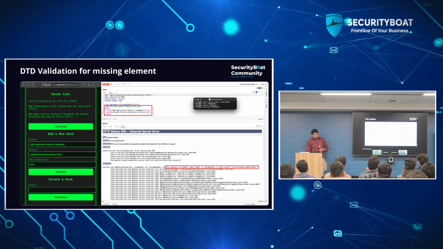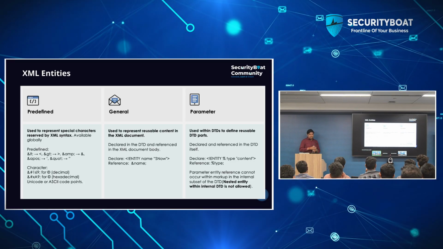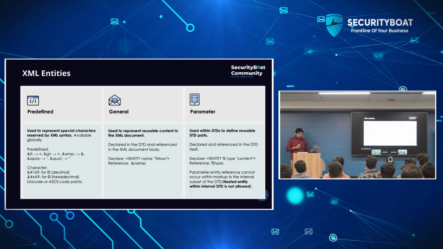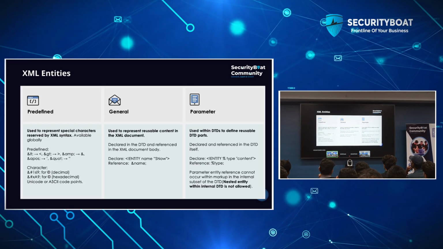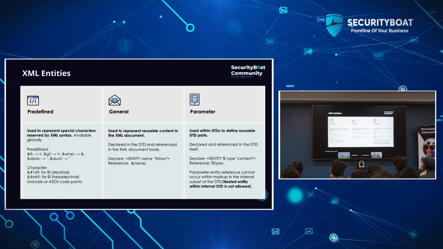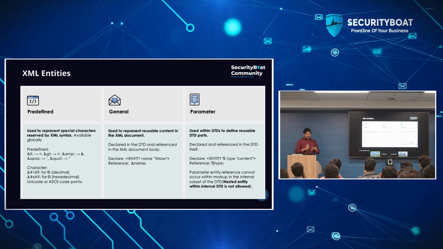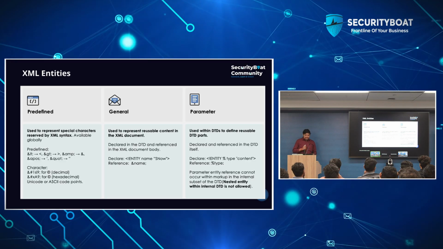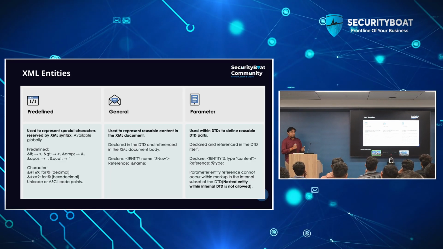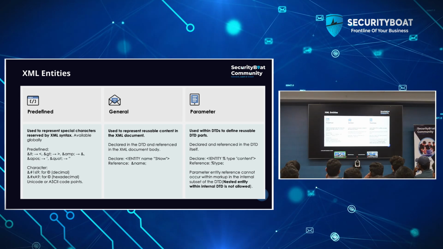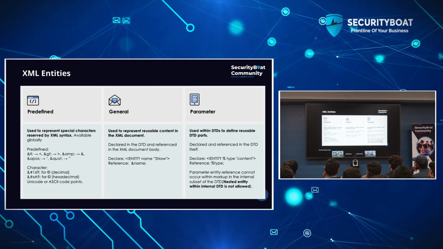Okay. So now we will see about entities. There are three types: predefined, general, and parameter. Predefined entities represent some special characters, and these help us to store values. General entities you can reuse. Like in Java, you define something and reuse it somewhere else.